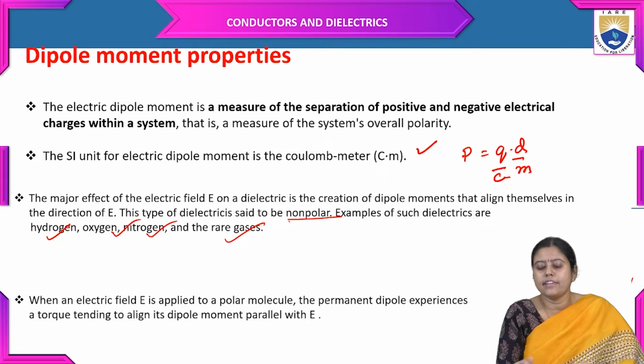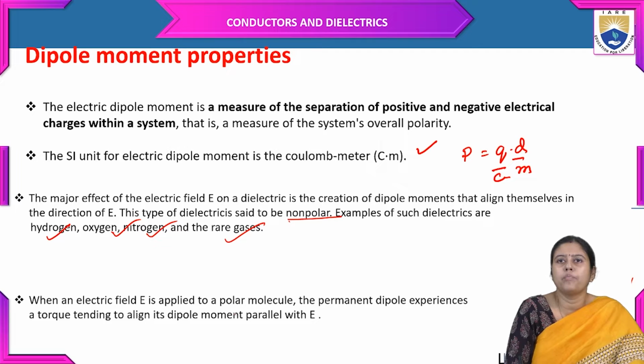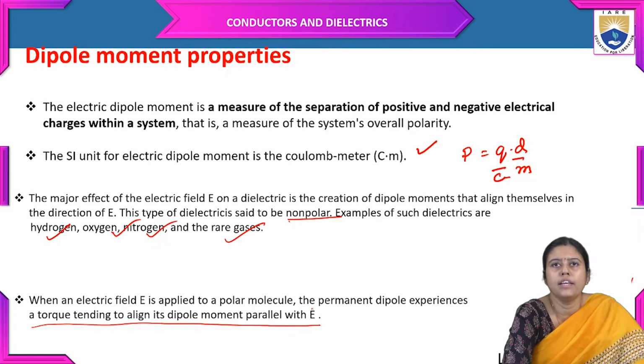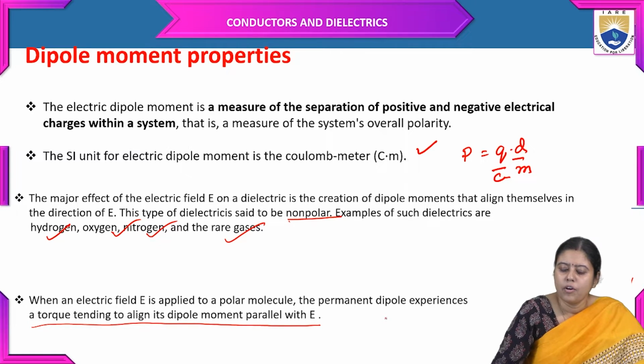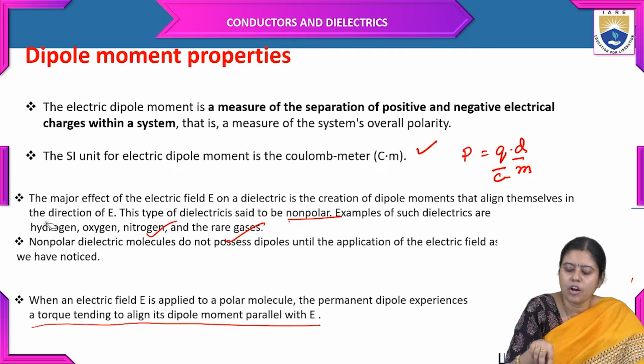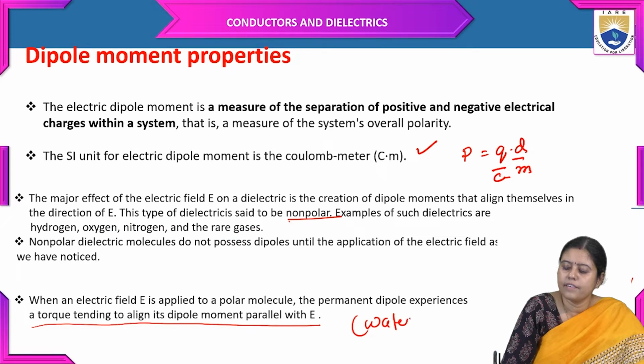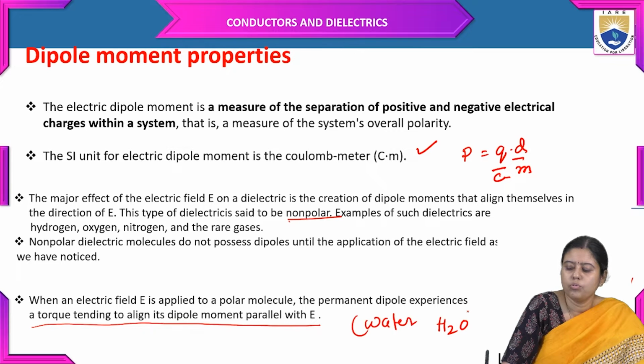But when an electric field E is applied to a polar molecule, the dipole moment experiences a torque to align the dipole moment parallel to E. So for polar molecules, the dipole moment will try to align parallel to E, and this is called polar. An example of polar is water, H2O.